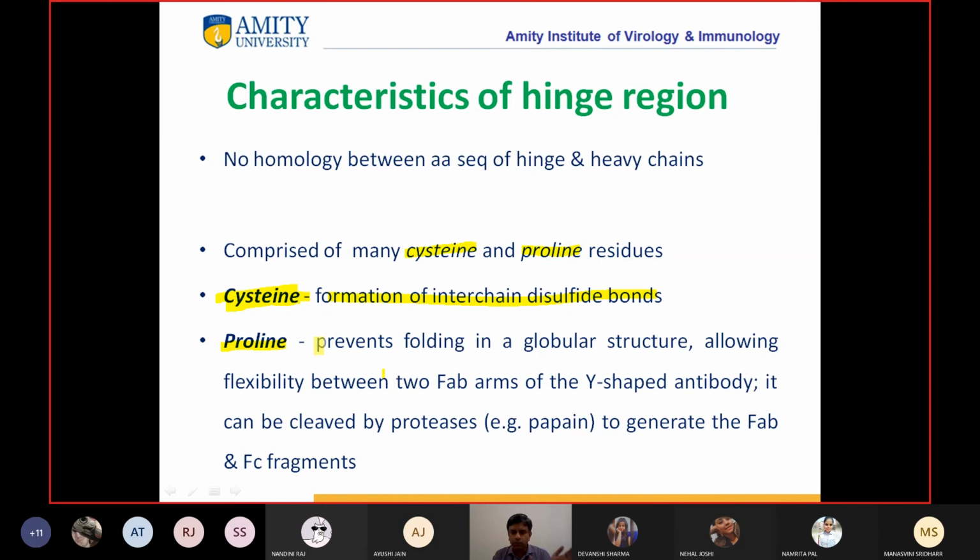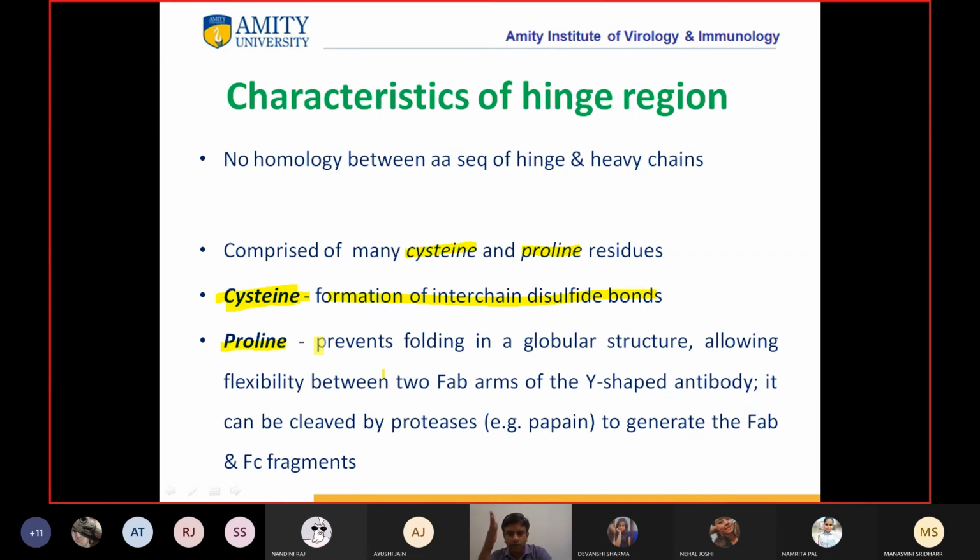If you remove proline from it, it will get folded into a globular structure, so the shape will change. Proline allows flexibility between the two Fab arms of the Y-shaped antibody. So the main purpose is that it prevents folding of the antibody into a globular structure.